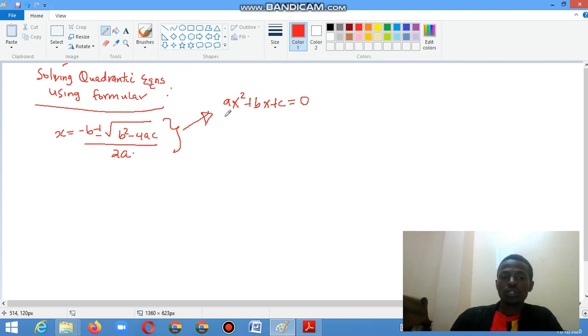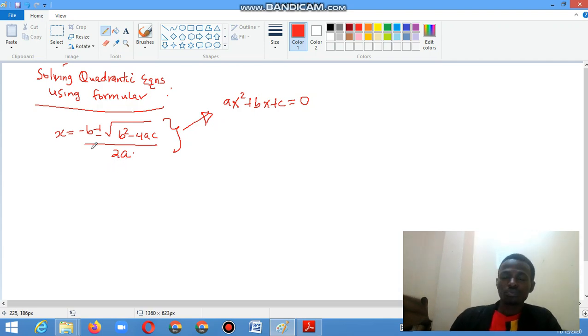Maybe when we reach completing squares, I'll be able to show you how they get this formula, but this is just a hint to show you where it is derived from. So for this case, let's just use it, then we shall get to know the derivation of this formula with time.